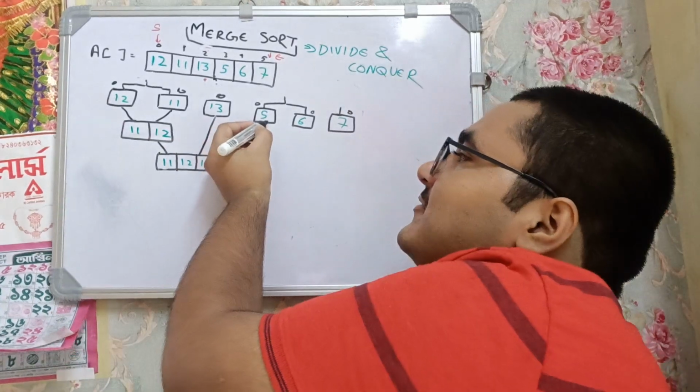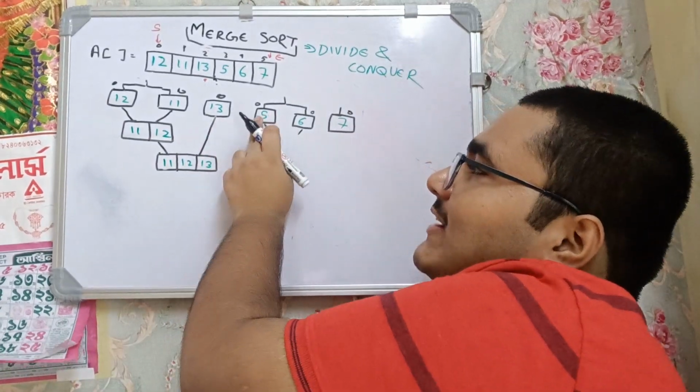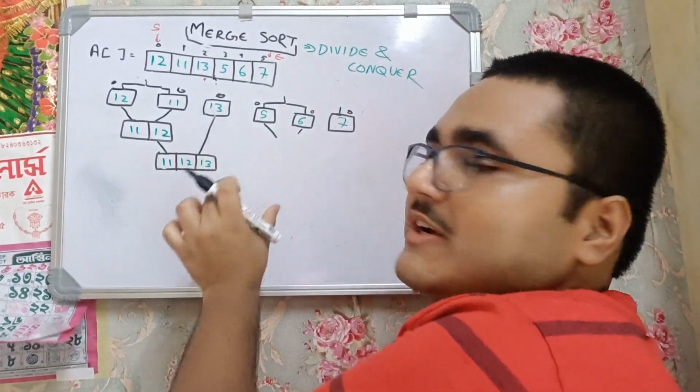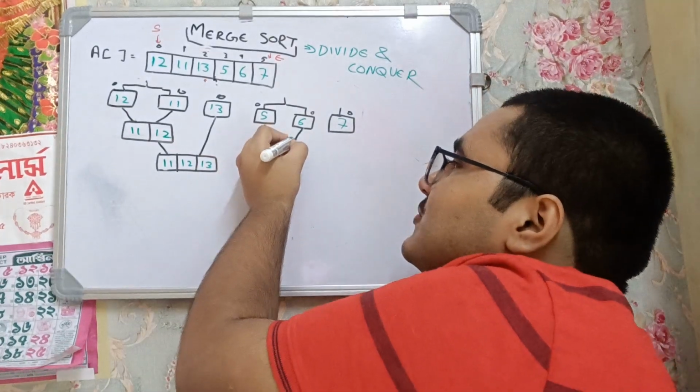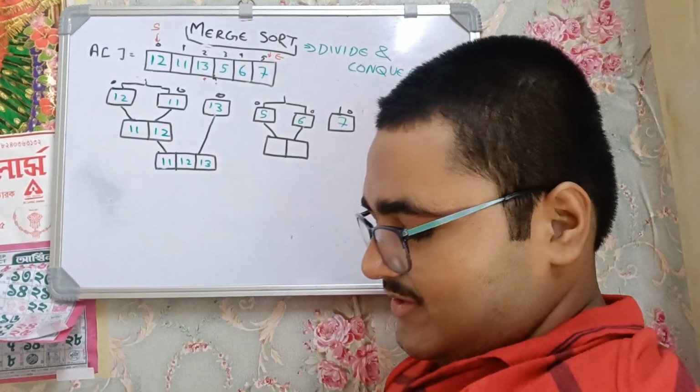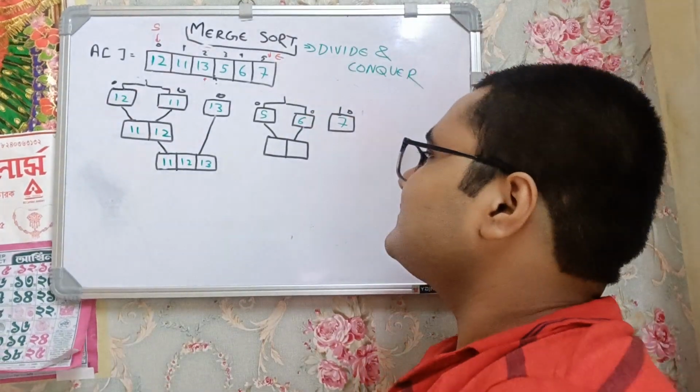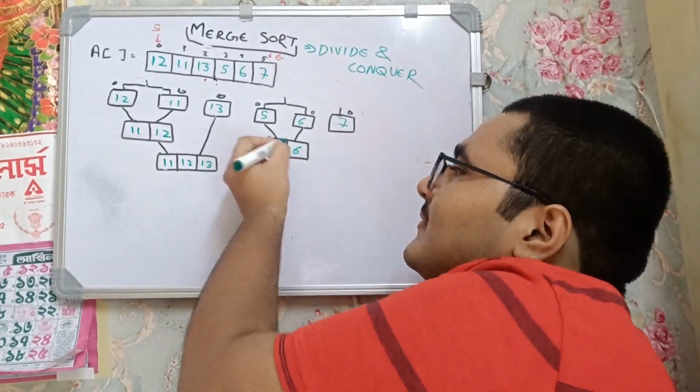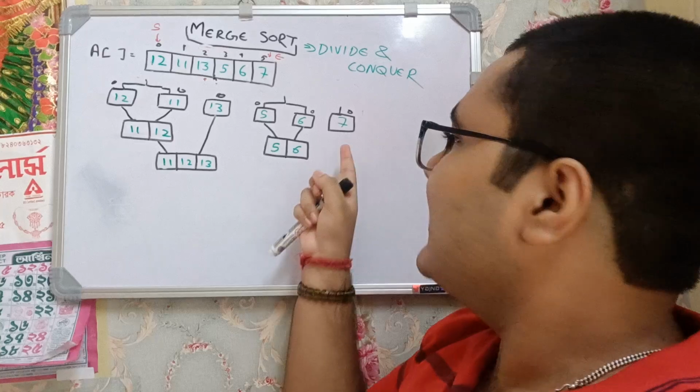See, 5 and 6, they are already in order, 5 comes before 6, so there is no need for any comparison. So we merge 5, 6, and then here we have 7.